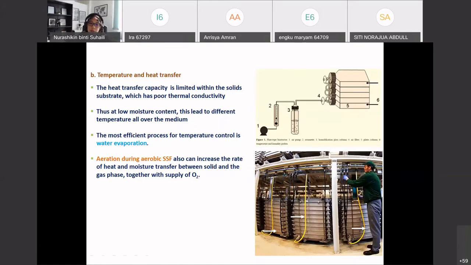Okay, so aeration can also increase the rate of heat transfer, meaning that it can help to distribute the heat, meaning that the heat can be reduced. So it doesn't get too hot if you provide air to the cultures. So that's how the temperature and heat transfer can be controlled during the SSF process.